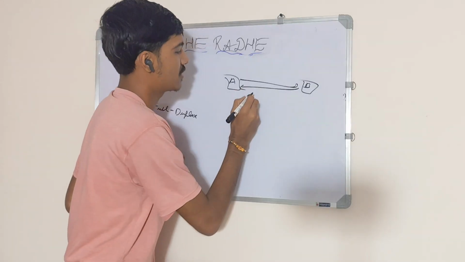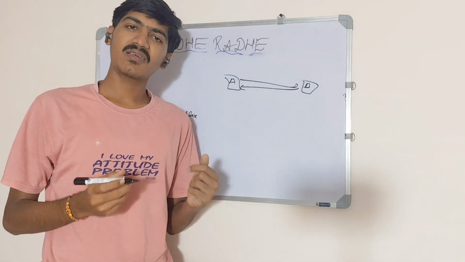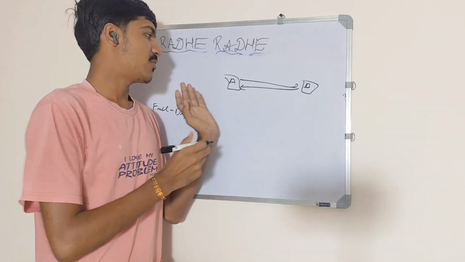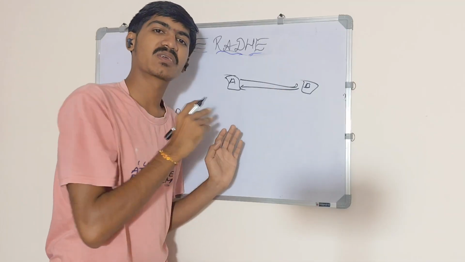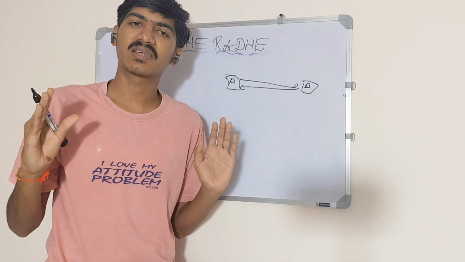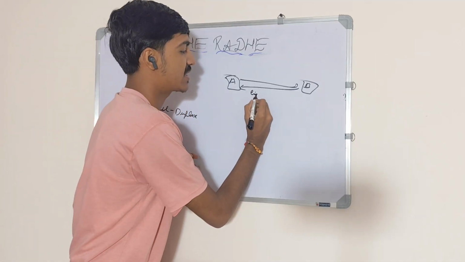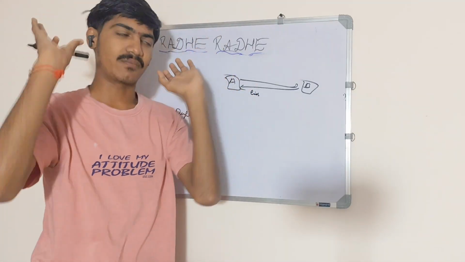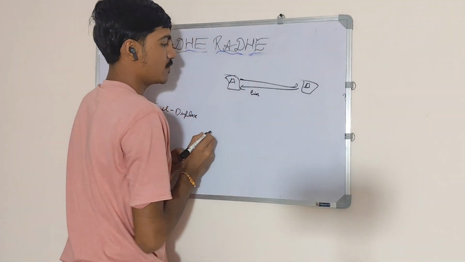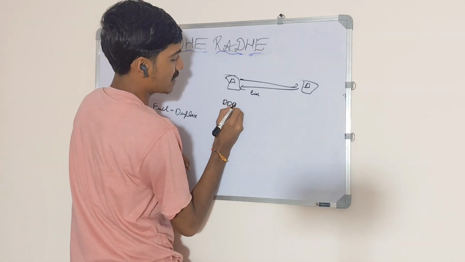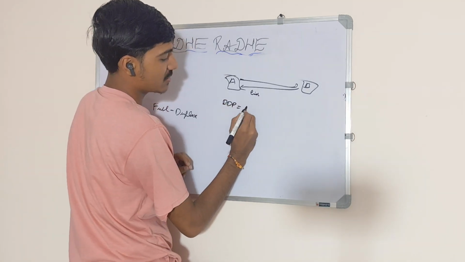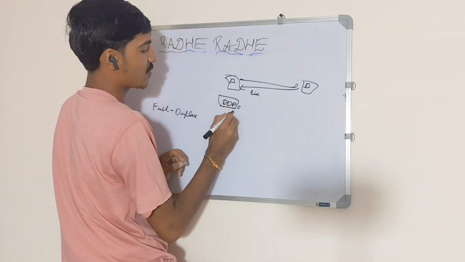Both can send and receive data simultaneously at any time. If A is sending data, B does not have to wait to send data. It can send simultaneously. This is nothing but bidirectional data transfer at any time. So now tell me, what will be the bandwidth delay product?